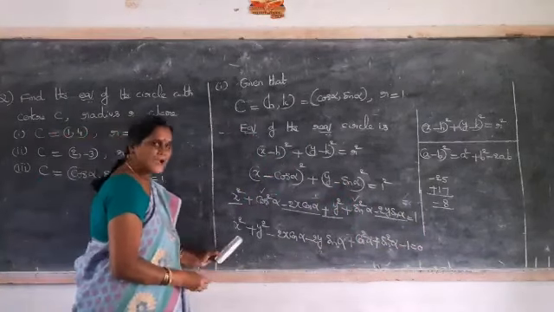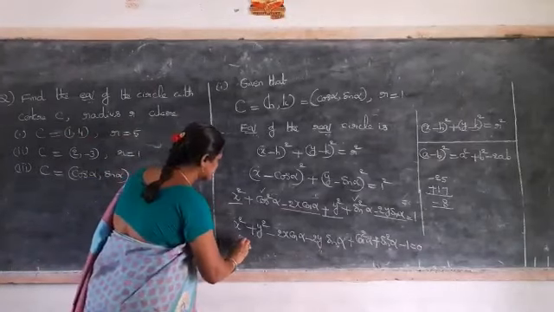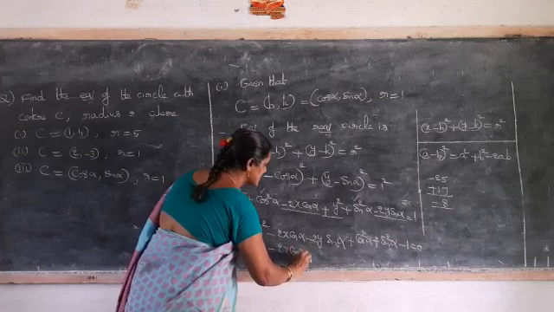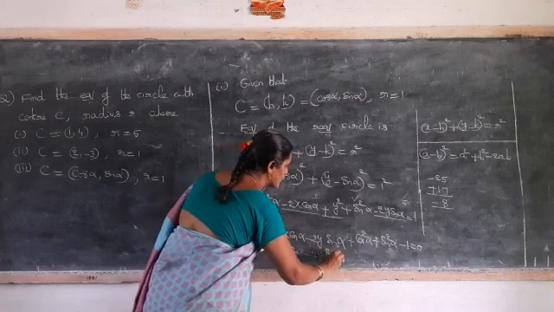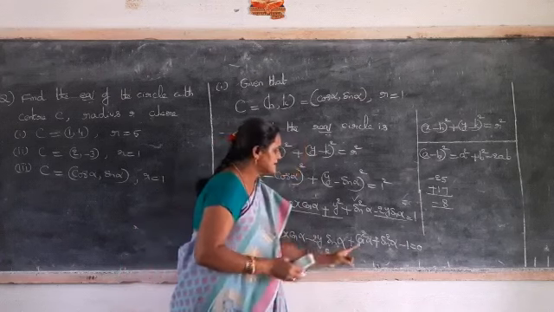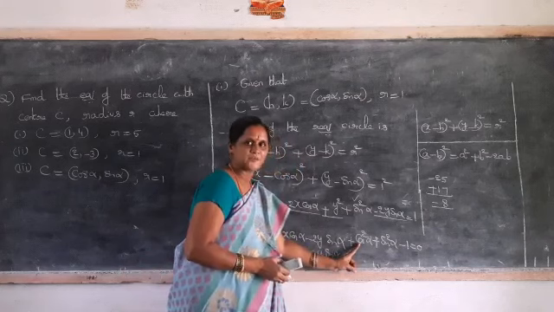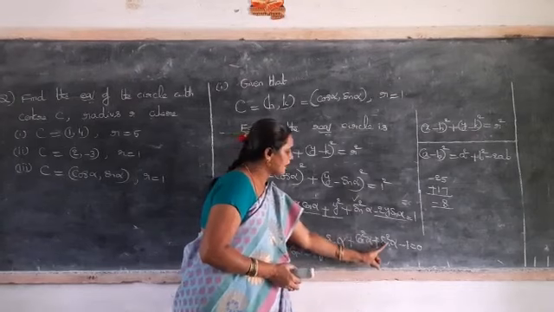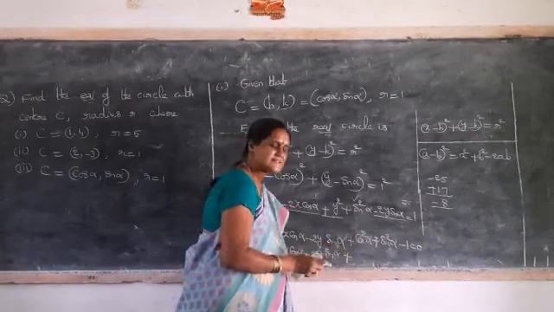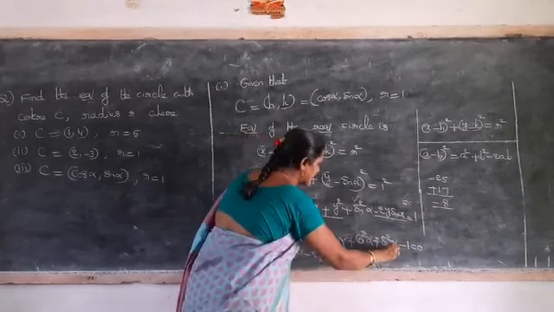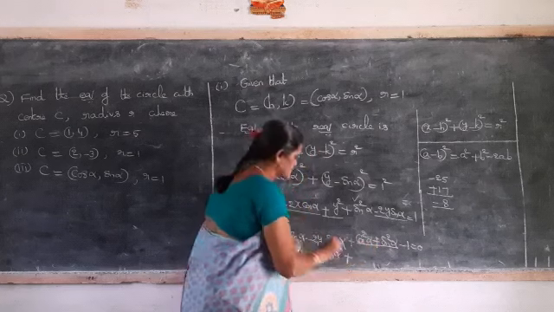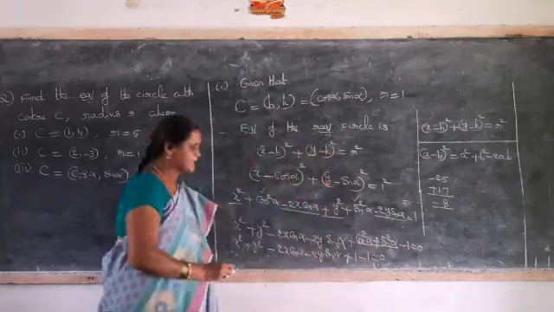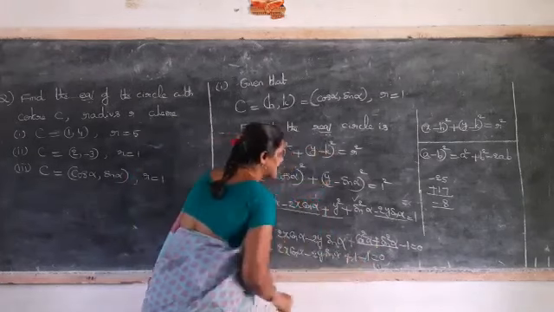Okay, again I do simplification. x square plus y square minus 2x cos alpha minus 2y sin alpha plus, so in trigonometry we have the formula: cos square alpha plus sin square alpha is equal to 1. So that's why in this place we write 1 plus 1 minus 1 is equal to 0. Then these two terms are cancelled.